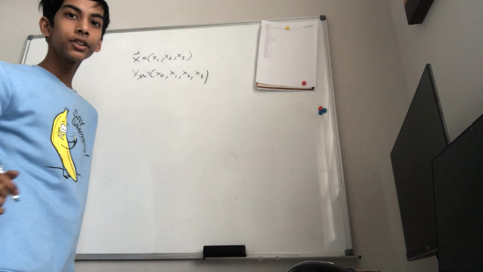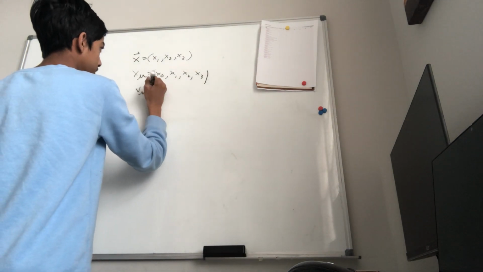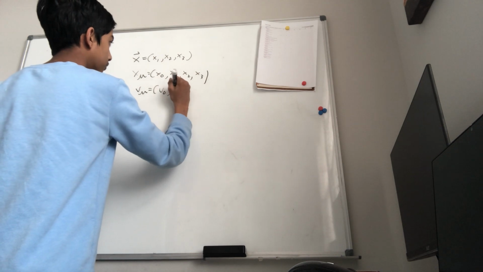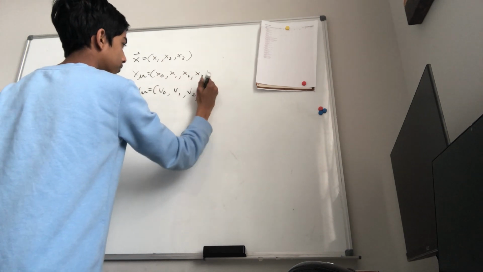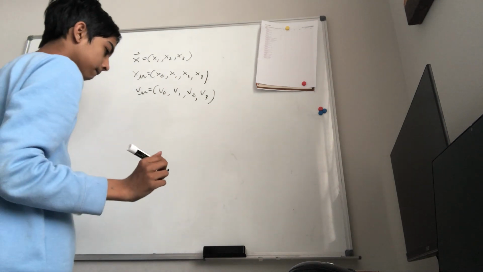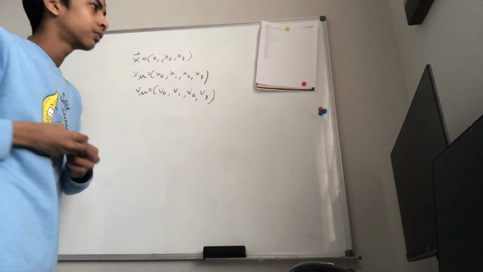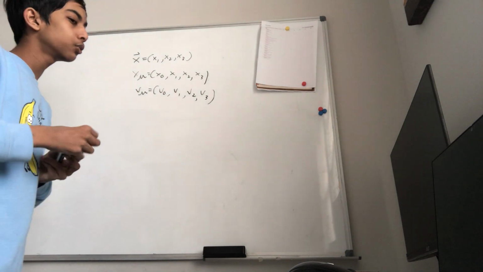And this could be applied to other vectors too, not just position. V^μ equals v0, v1, v2, v3. And pretty much any vector that is not a pseudovector.